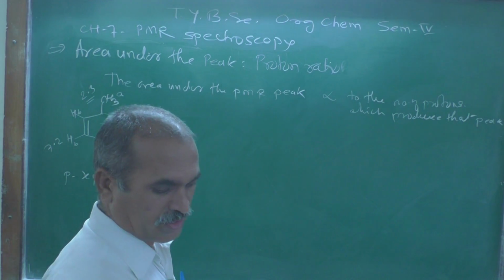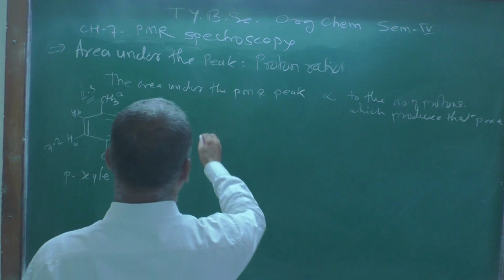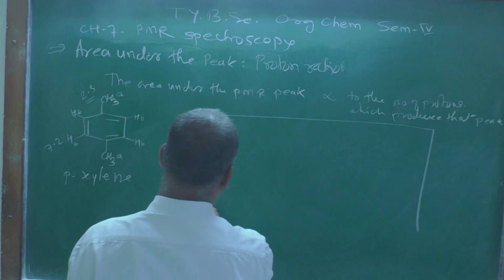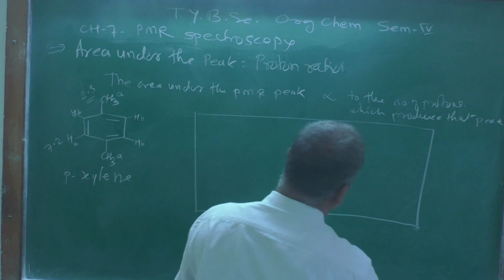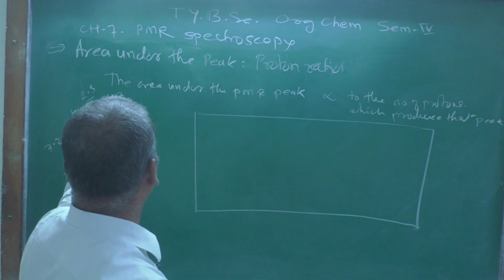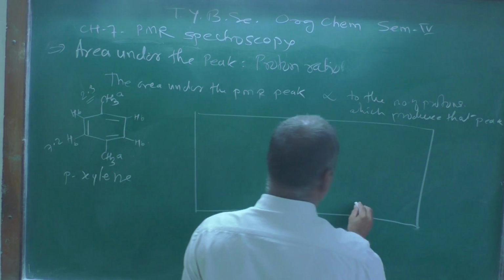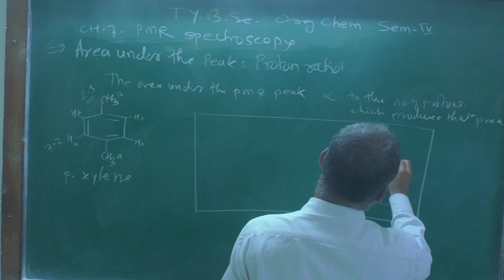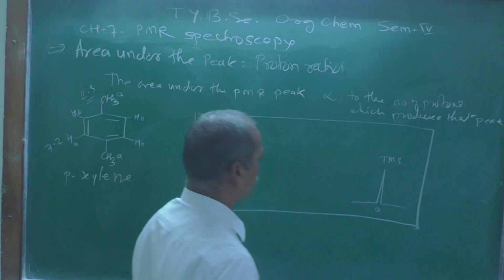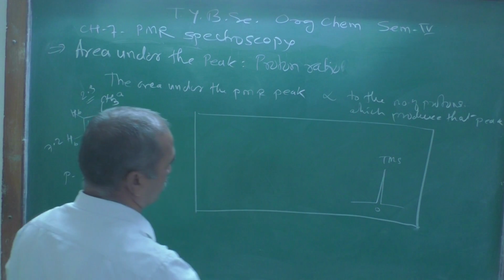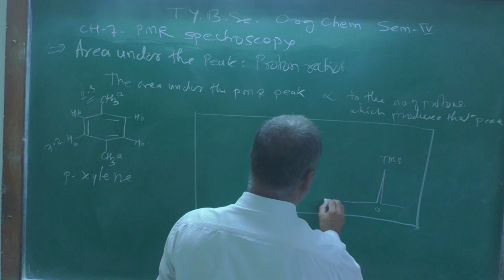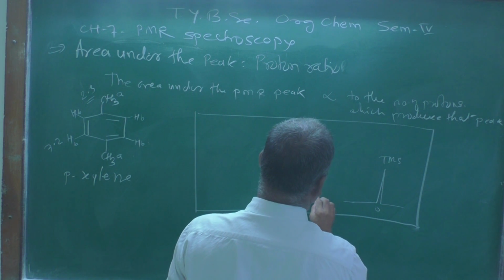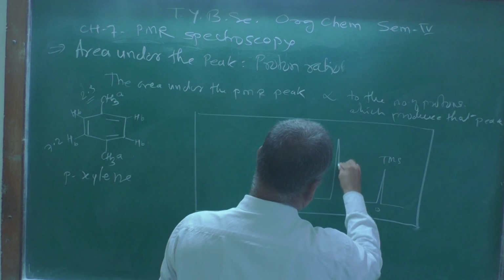If you draw the spectrum of this compound, imagine or assume that this is the spectrum. One signal is due to TMS, tetramethylsilane, observed at 0. Roughly, you can say another peak is present over here, it will look like this.